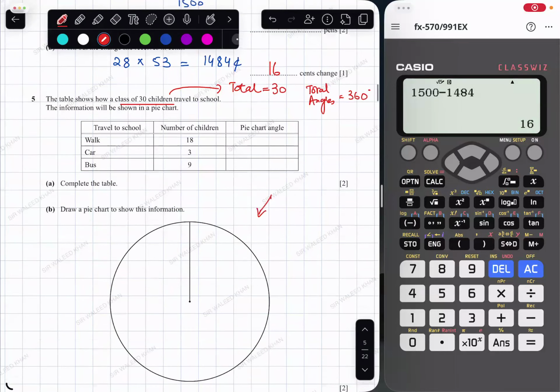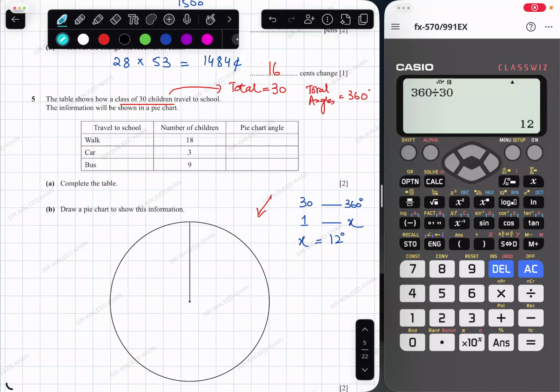So I have this bit of information which I can use to figure out the rest. So what I can do is figure out how much angle will represent one child, right? So let's use the unitary method. If 30 is representing 360 degrees, then one child will be represented by how many degrees? So x is equal to 360 by 30. It's 12. Okay. So one child will be represented by 12 degrees.